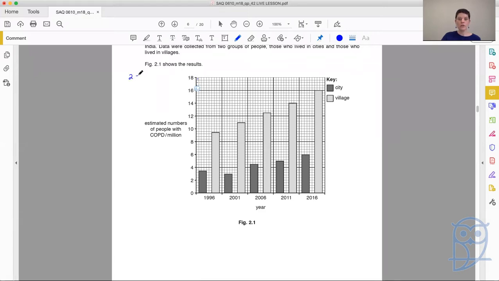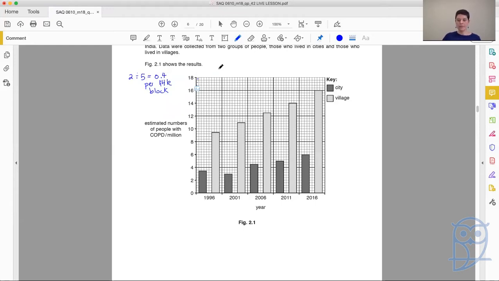So 2 divided by 5 equals 0.4 per little block. So we'd be counting 16.4, 16.8, 17.2, 17.6, 18. And it's important that you know that because if you're going to quote the data from the graph, then you need to be able to read the numbers correctly.